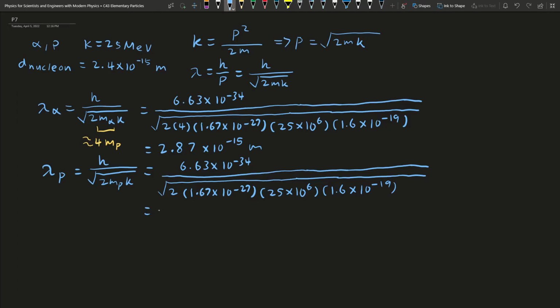Here I get 5.73 times 10 to the negative 15 meter.